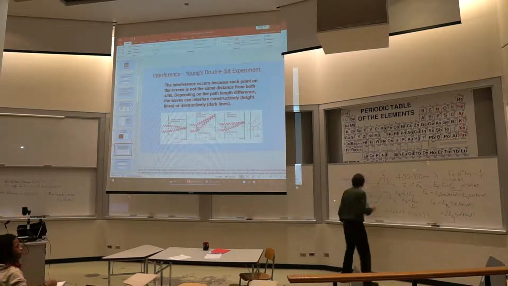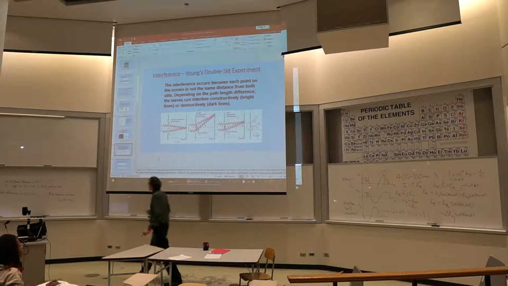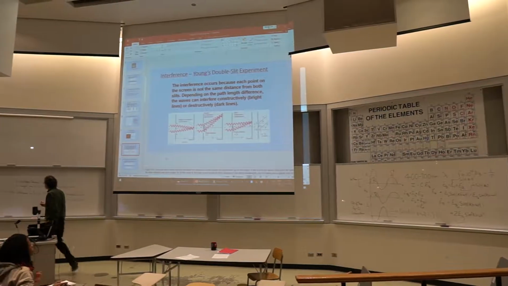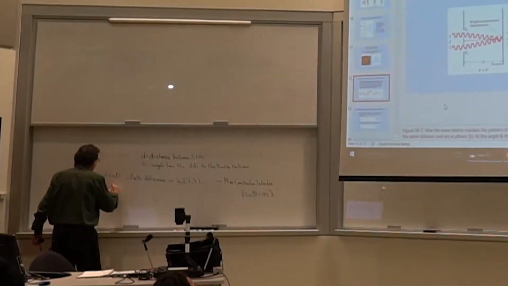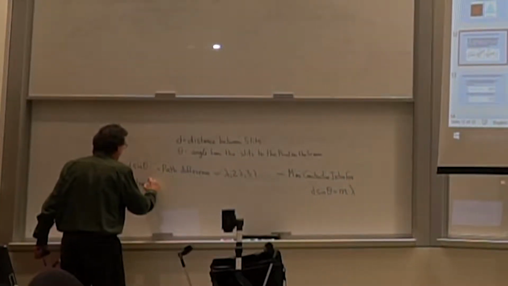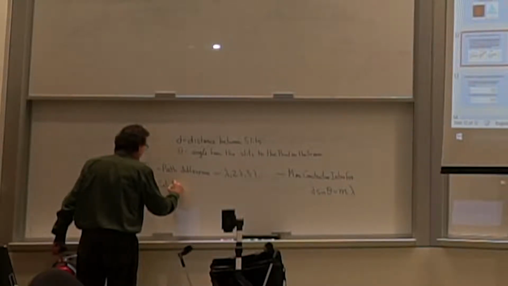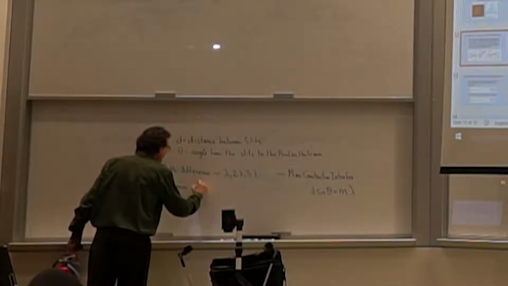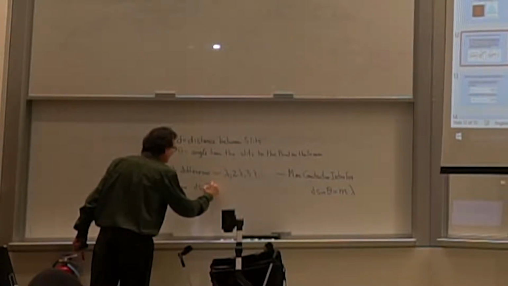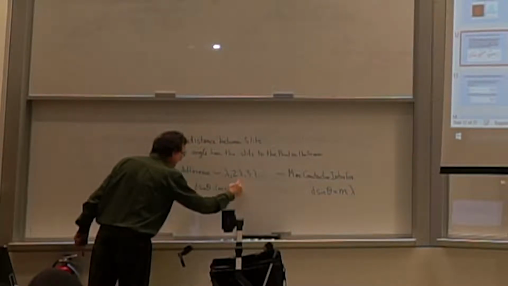We usually write this as m plus 1/2 times lambda. So we're going to get destructive interference when d sine theta is equal to m plus 1/2 times lambda.